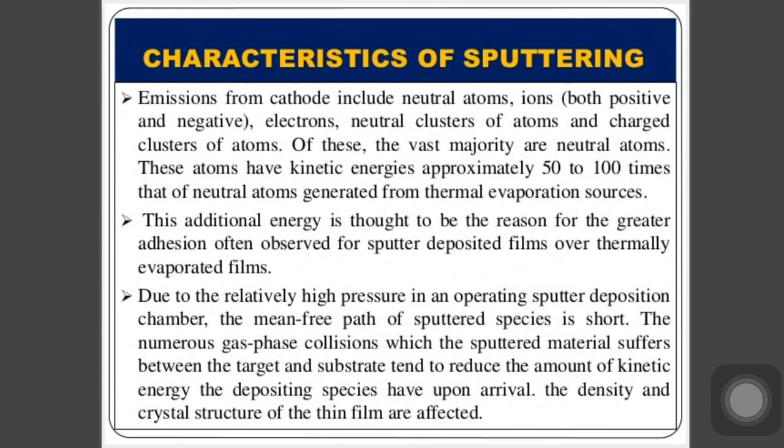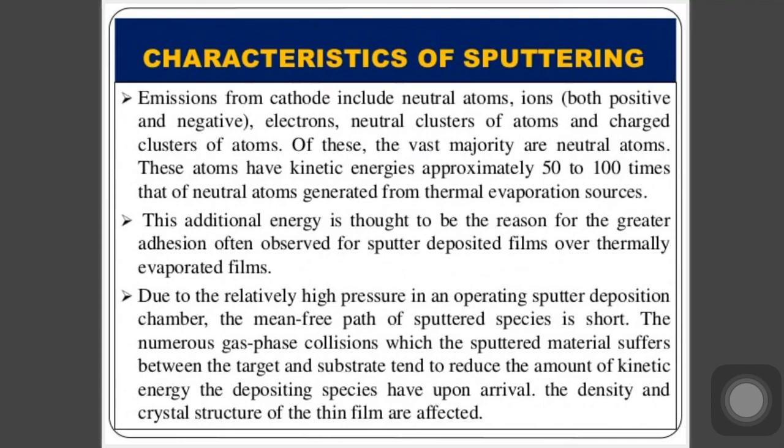This additional energy is thought to be the reason why a greater adhesion is often observed for a sputter deposited film over a thermally evaporated film. Due to the relatively high pressures in an operating sputter deposition chamber, the mean free path of the sputtered species is short.